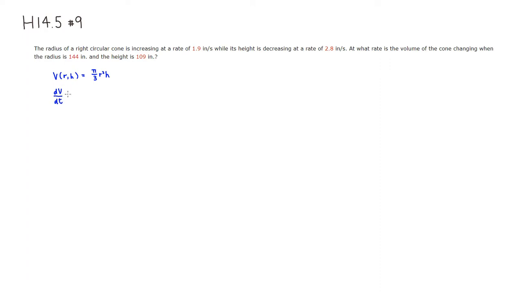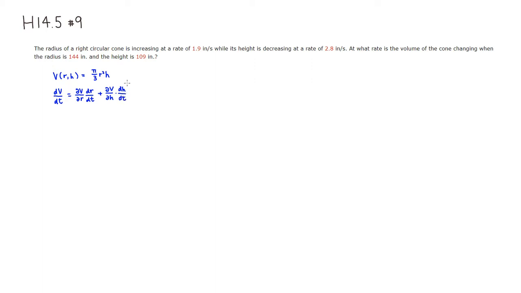This is going to be the partial of V with respect to the first variable, which is r, multiplied by dr over dt, plus the partial of V with respect to the second variable, which is the height h, multiplied by dh over dt.